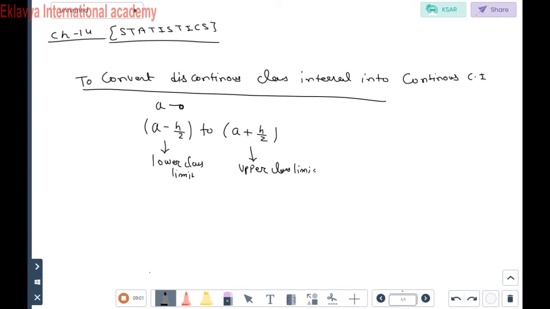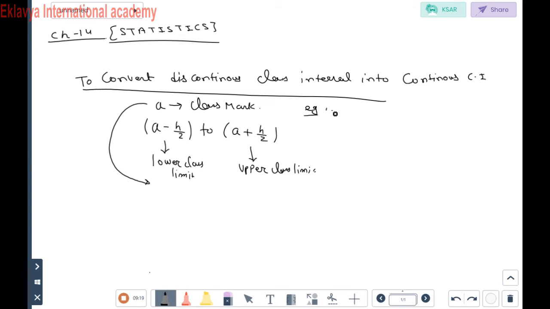That is the case for A, and what is A here? That is the class mark. If the class mark is given to you, then first of all, how will we make the class interval? Students, the class mark is given, then how will we make the class interval?